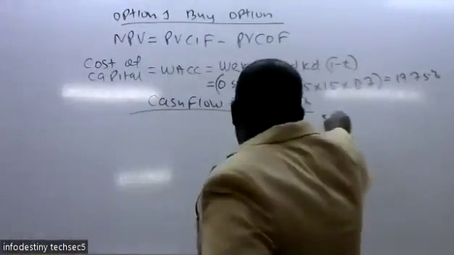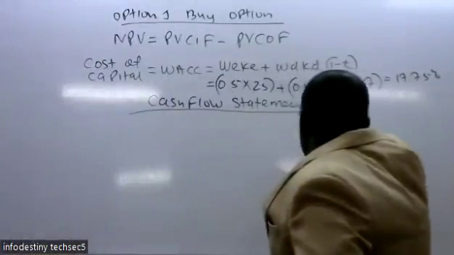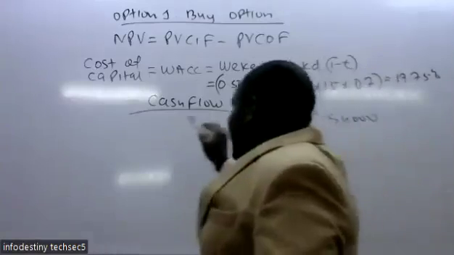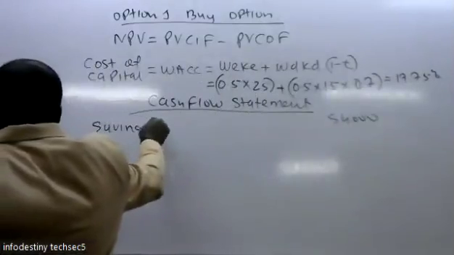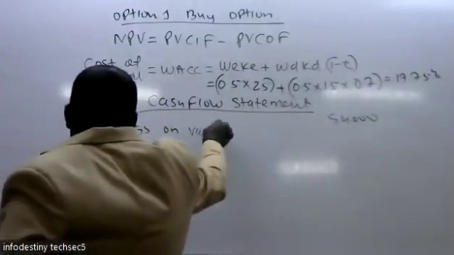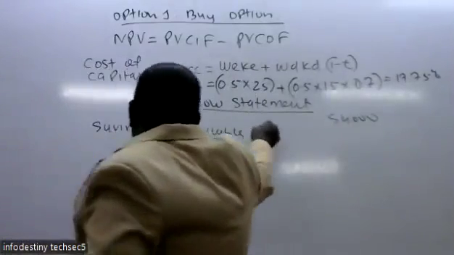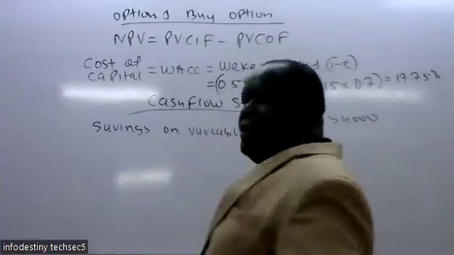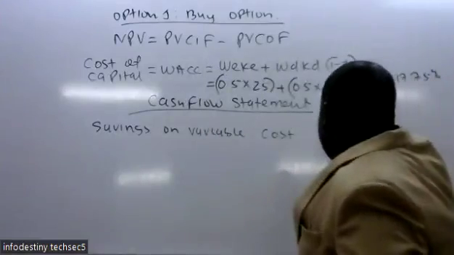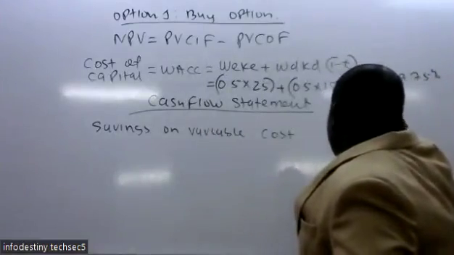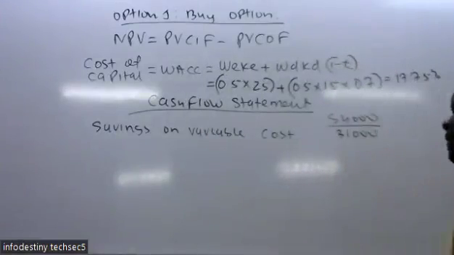So we start with the savings on the variable cost. That savings on the variable cost is 31 millions.